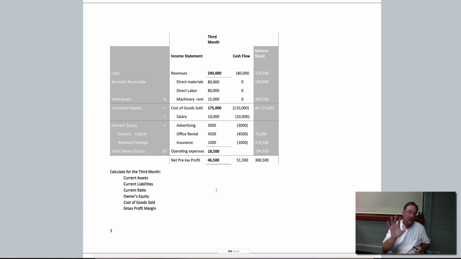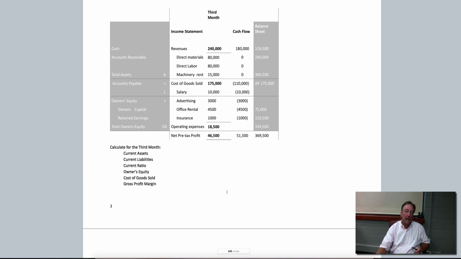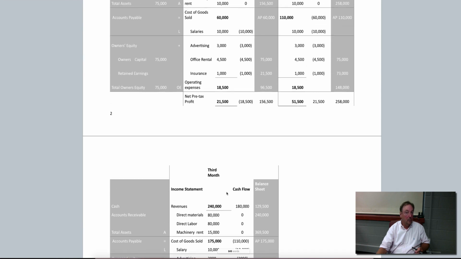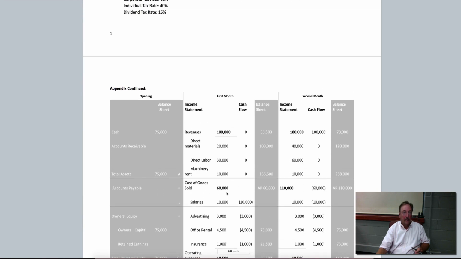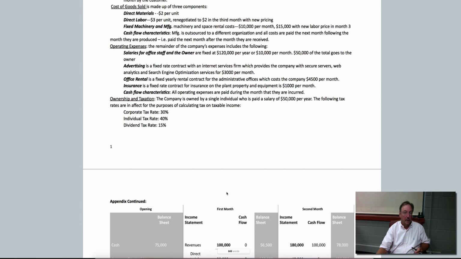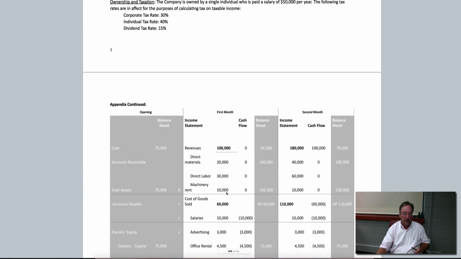And that gives you a sense for what you're looking for in a company. If you have more than enough current assets over current liabilities, then you're going to have a very high current ratio, and that means your ability to meet your payments in the early days is positive. And we certainly have that in this scenario. We certainly did not have that in the scenario before we renegotiated with our vendor.